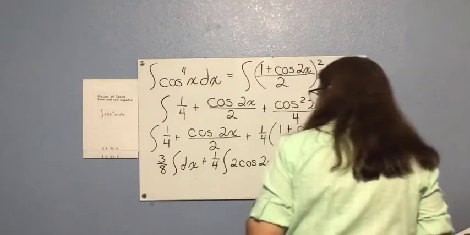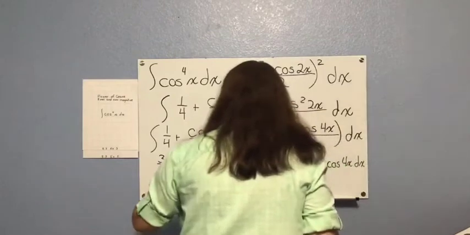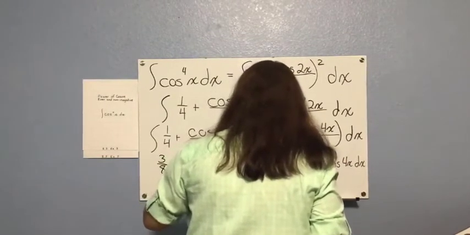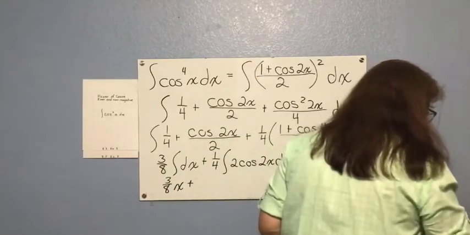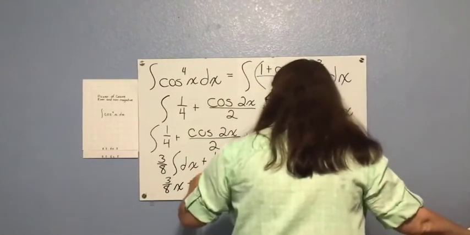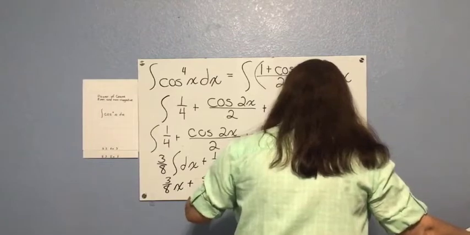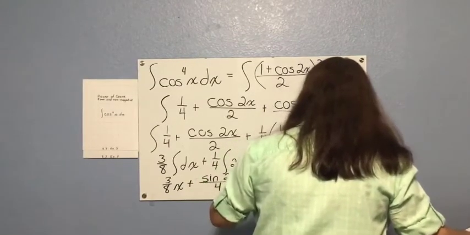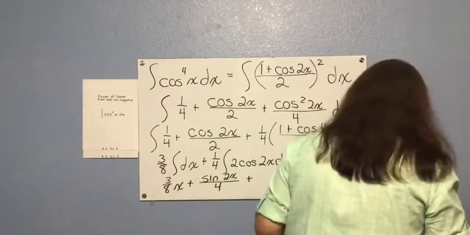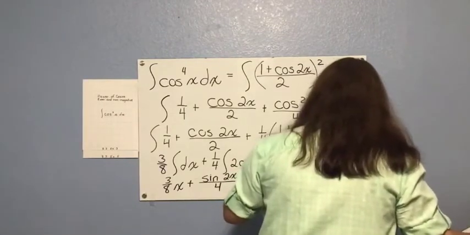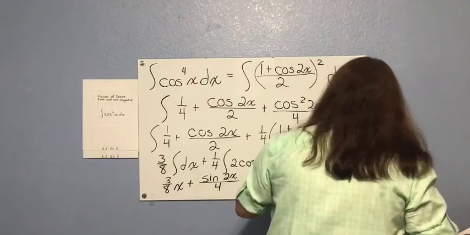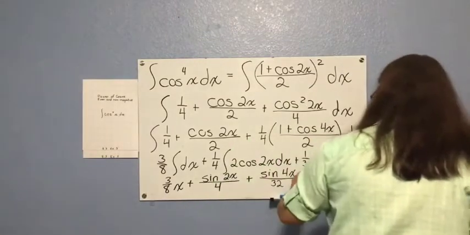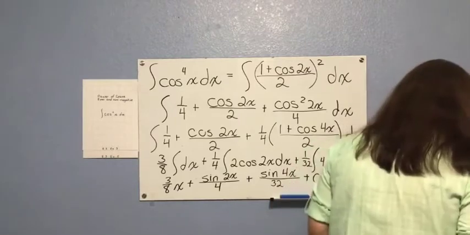And now we integrate. So this is going to be 3/8 x plus sine 2x over 4 plus sine 4x over 32 plus a constant.